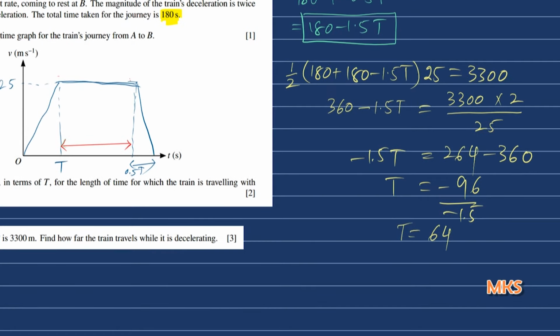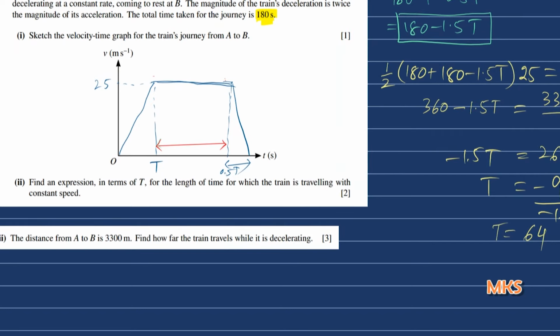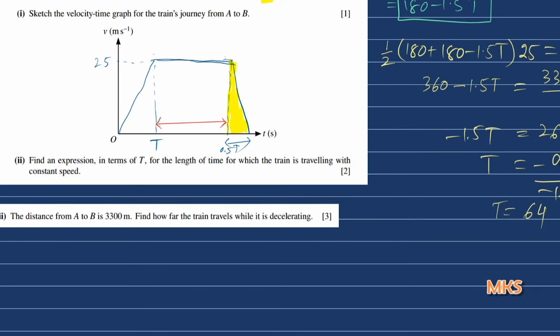And we are asked to find how far the train travels while it is decelerating. In other words, we need to find the area of this triangle, because the distance in a speed time graph or velocity time graph is the area under the graph. So the area under the graph here is the triangle, which will be half, and the base is 32.